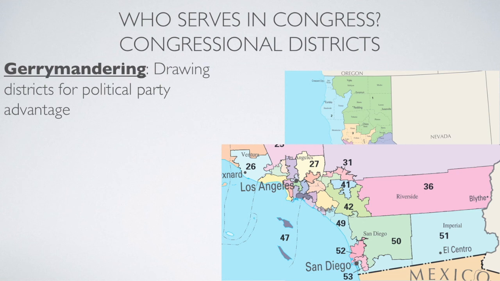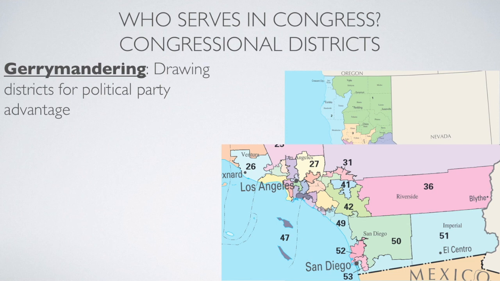So we have gerrymandering, drawing districts for political party advantage. As you see right here, the lines aren't based on geography but on demographics. The 51st district is mainly Latino. You have it running across the border, also in Imperial County, and that's to really galvanize them together and represent them well as a people group.